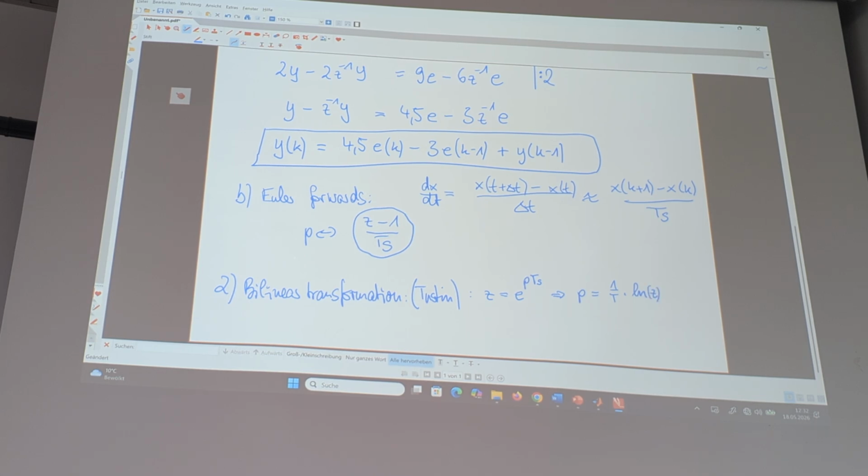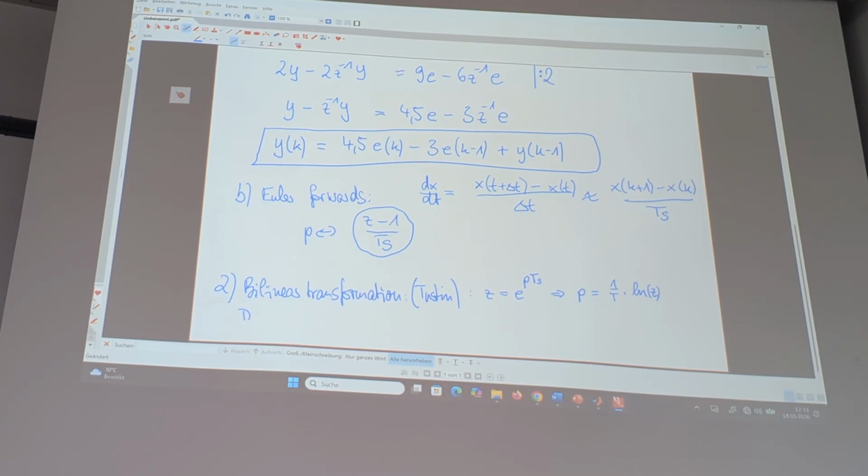So this is the result that we get when we solve for p. And the development of the natural logarithm into a power series looks like this.